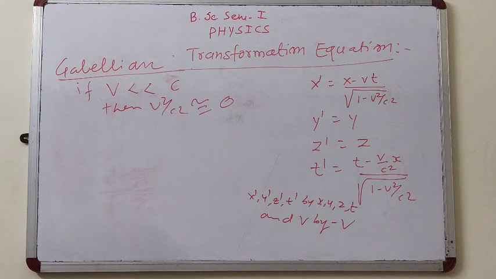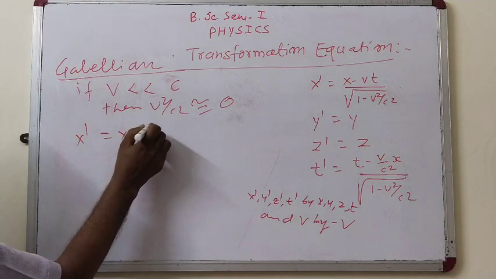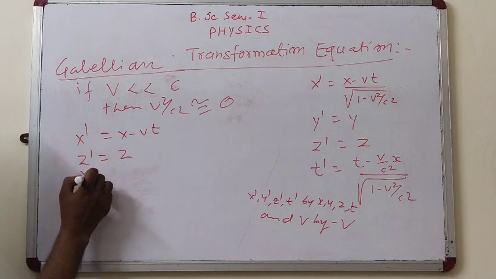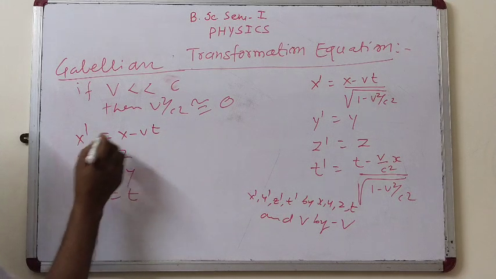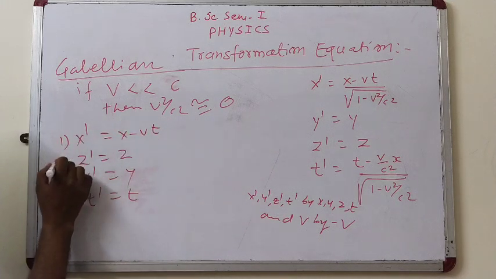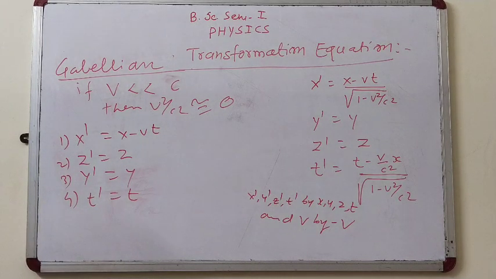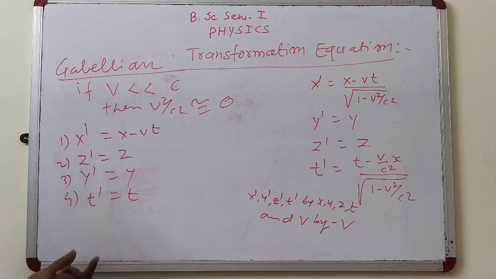Then we get x' equal to x minus vt, z' equal to z, y' equal to y and t' equal to t. These four equations are nothing but the Galilean transformation equations, a special case of the Lorentz transformation equations.